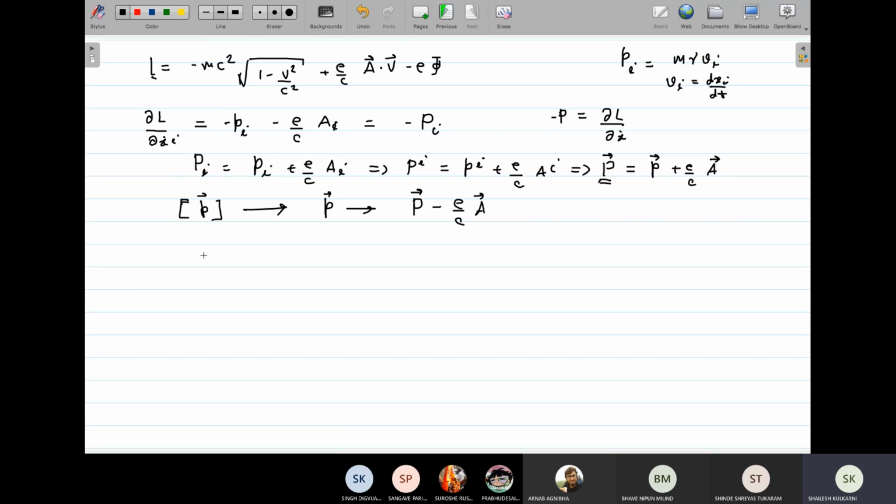Now let us go about the equation of motion. I need d/dt of ∂L/∂ẋ^i, that means d/dt of P_i. Whether I write it in upper or lower indices doesn't matter once we have this relation.